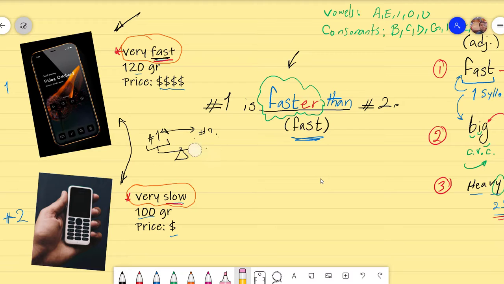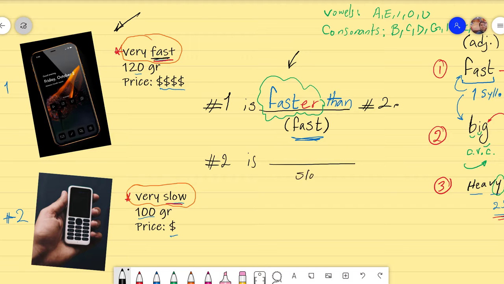Let me just clean this part. Okay, so we said number 1 is faster than number 2. Now I want to reverse this sentence. Number 2 is slower than number 1.